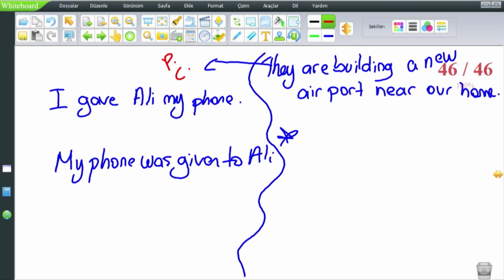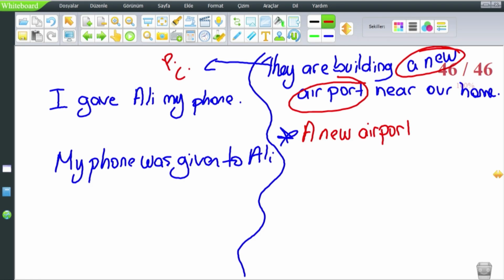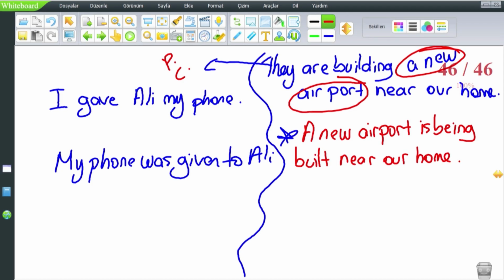I'm looking at the object, a new airport. A new airport is being built near our home. This is how we do it. Again, I use my be, but according to my tense, then being.